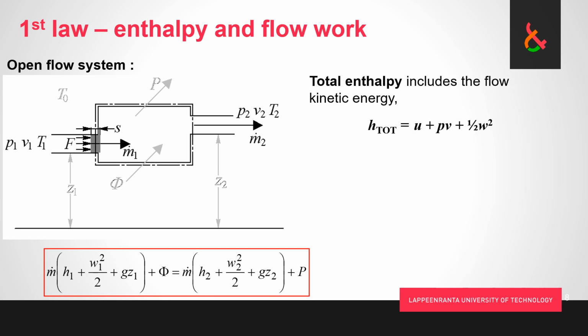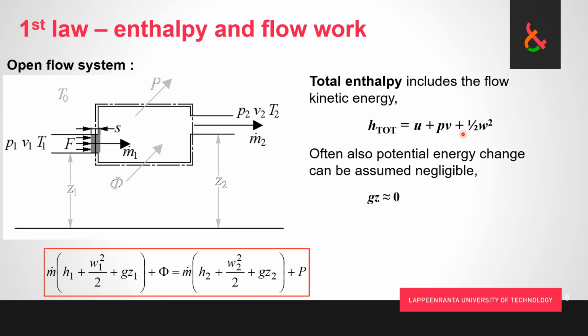So let's do that. We can introduce a concept called total enthalpy, which also includes the specific kinetic energy of the flow. So we mark with h tot, and specific kinetic energy is half of velocity squared. And very often we can also say that potential energy change can be assumed negligible.